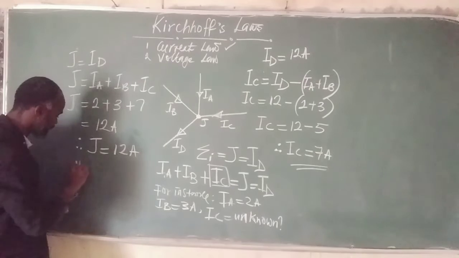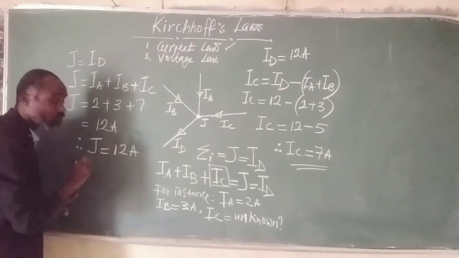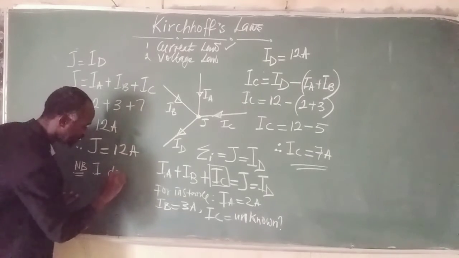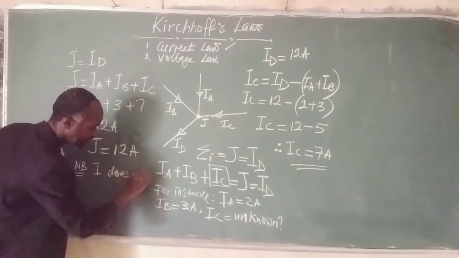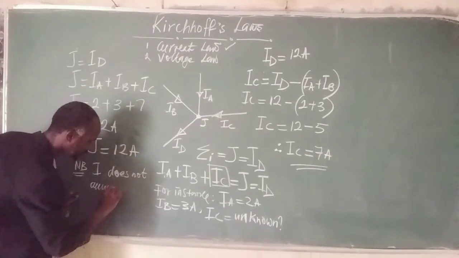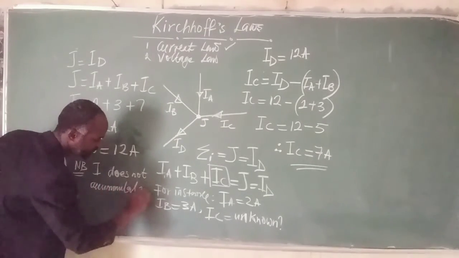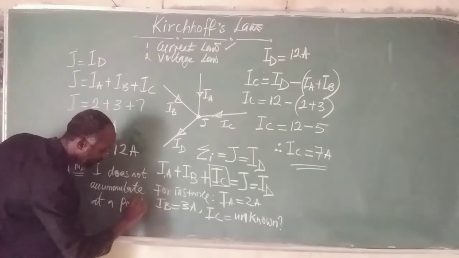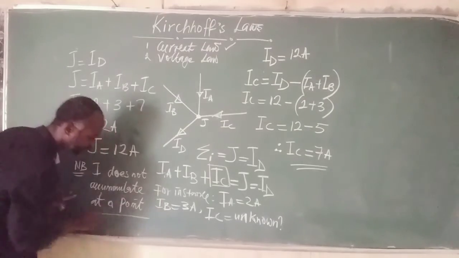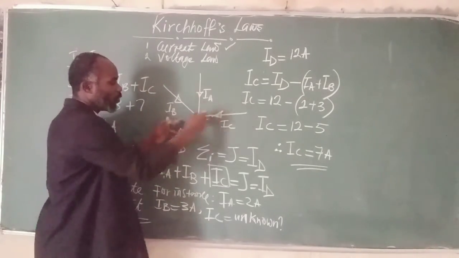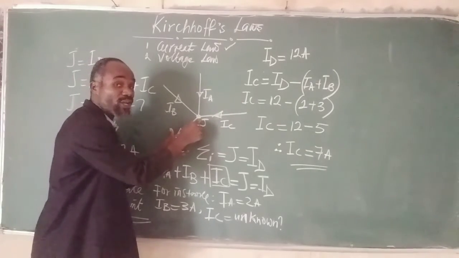Very, very important, please: current does not accumulate at a point. Please, let's take that note. What I mean is this: all this current flowing and meeting at this point will not remain here.